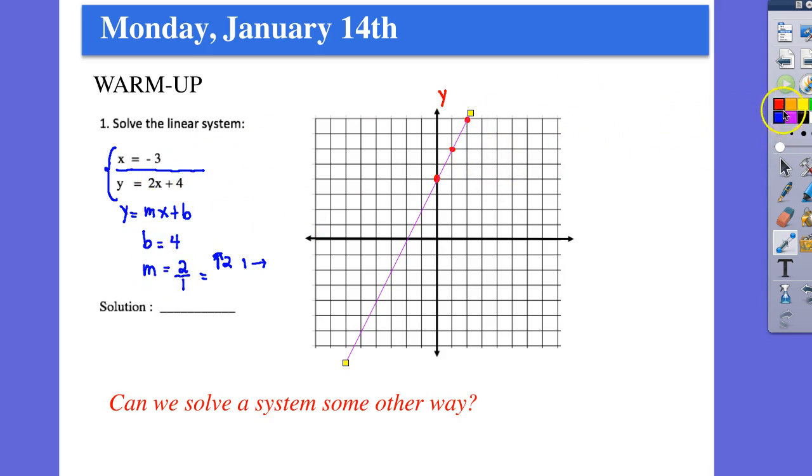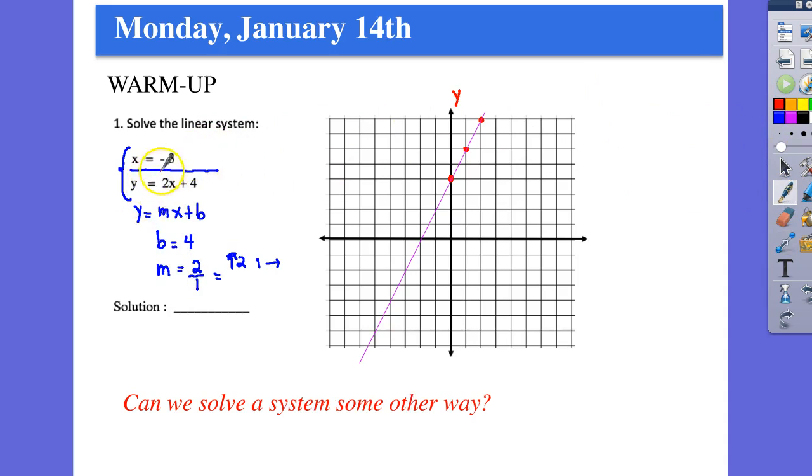Now the first equation, this one is not written in y equals mx plus b form. This is just x equals -3. When you have an equation like this, that means you have a vertical line at x equals -3. So on the x-axis, you're going to plot a point at -3.